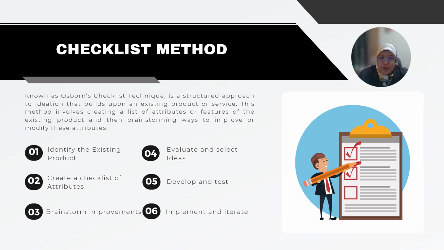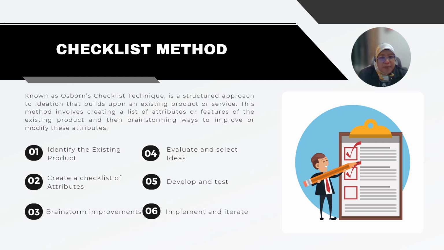A smartphone with its various attributes such as display quality, battery life, camera quality, processor speed, storage capacity, and operating system. Step 2 will be to create a checklist of attributes that I already explained before. The third step will be brainstorming improvements, where there are many ways to improve. Such as modify.